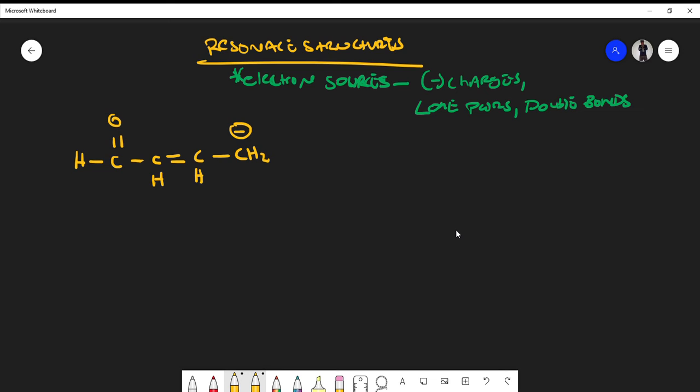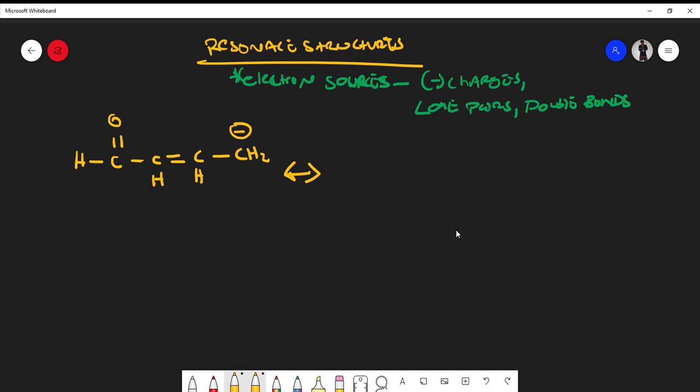Mostly what you're doing is moving electrons, and a consequence of moving electrons is that sometimes you may create charges, even though the overall charge of the molecule must remain the same. So using this as an example, when we draw a resonance structure of this molecule, the overall charge of the resonance structure must be equal to a negative charge, like we see here on this first structure.